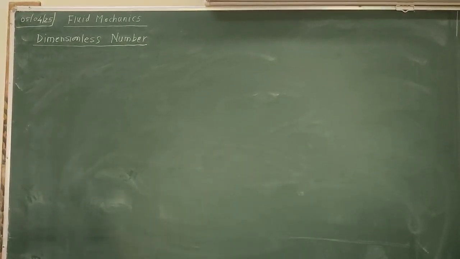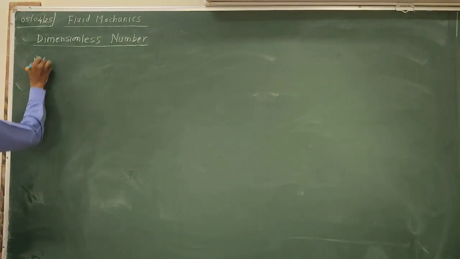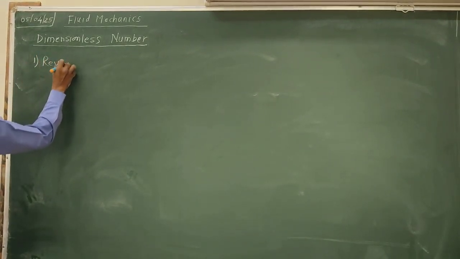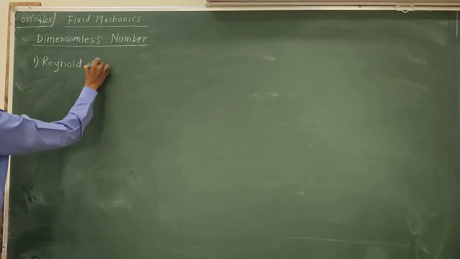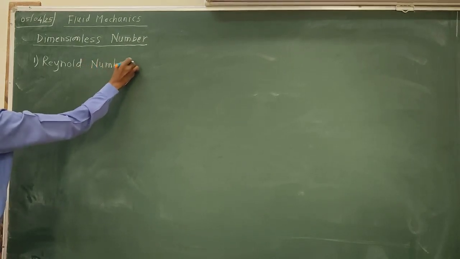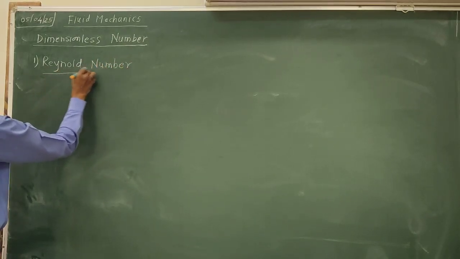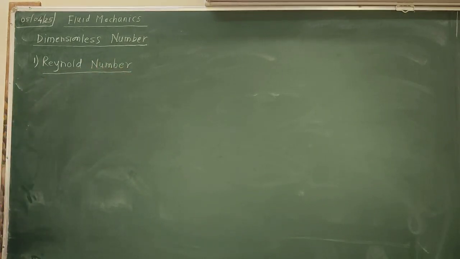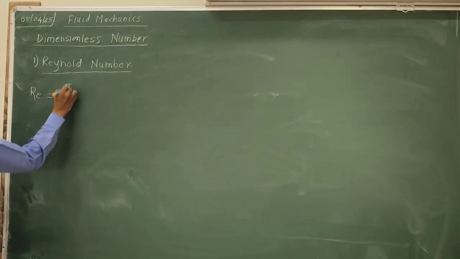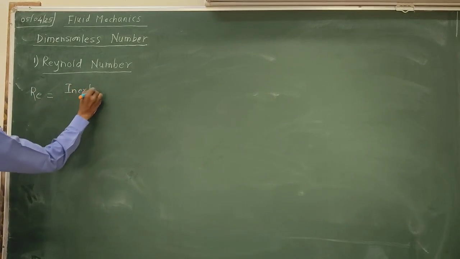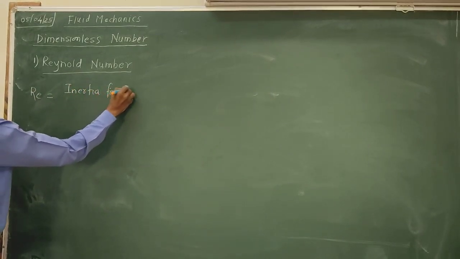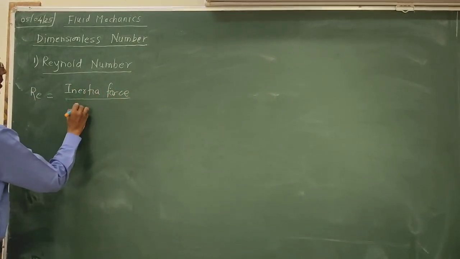So the first number, take the Reynolds number. Write down the definition of this. It is the ratio of inertia force to viscous force.